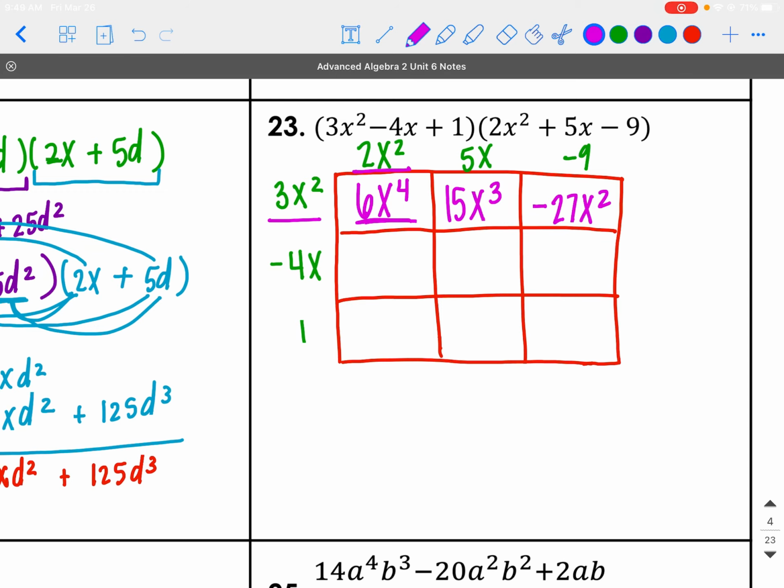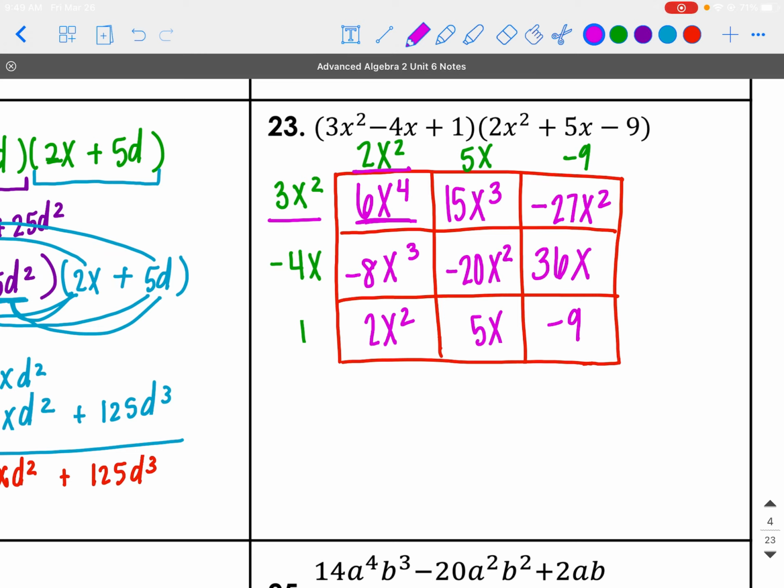Now my next row I'm multiplying by negative 4x. So negative 8x cubed, negative 20x squared, 36x. And then my last row, I'm multiplying everything by 1. 2x squared, 5x, and negative 9.